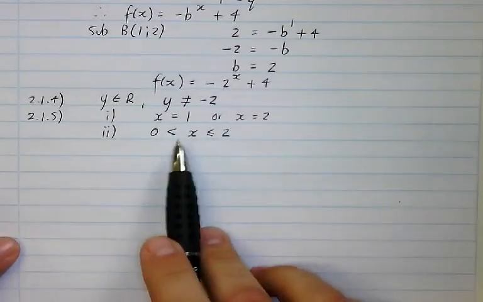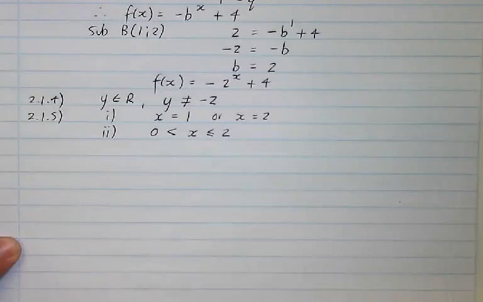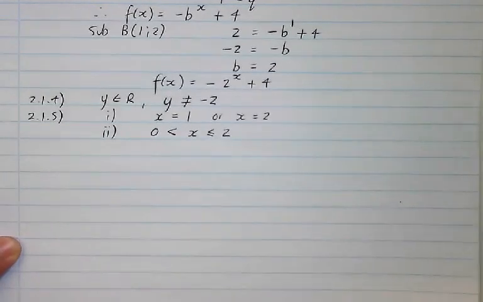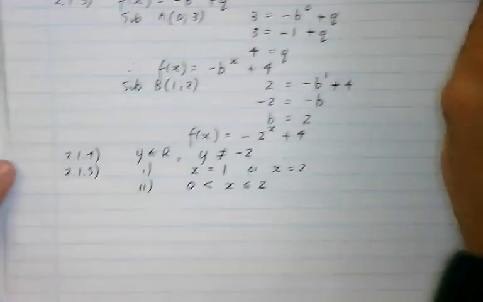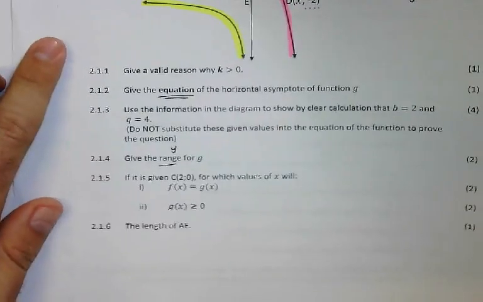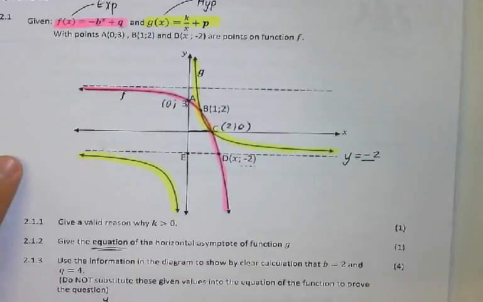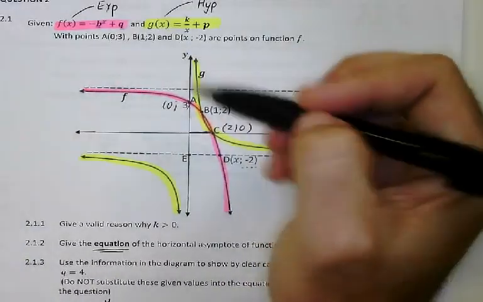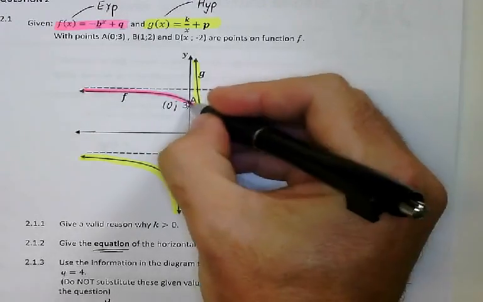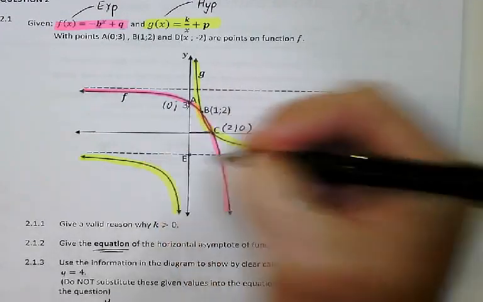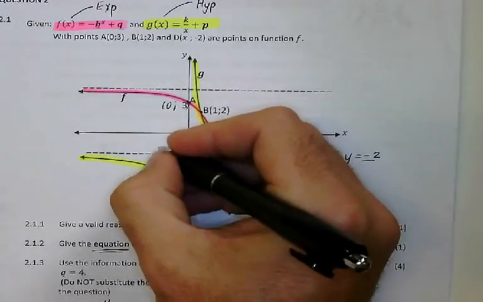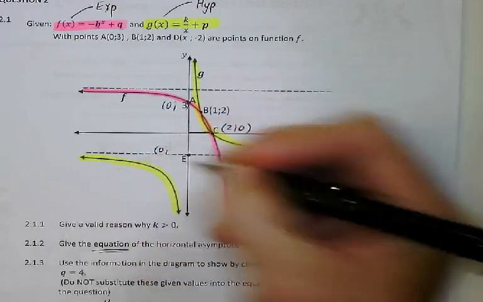Going to 2.1.6, it says determine the length of AE. Right, so let's look at our graph. AE is our distance from A down to E. E's coordinate would have been an x of 0 and a y of -2 because it's lying on this horizontal asymptote.